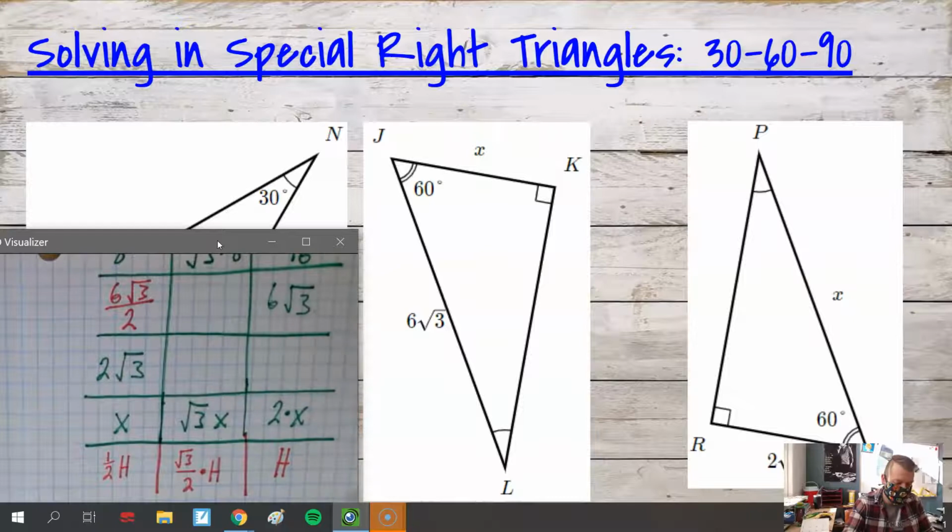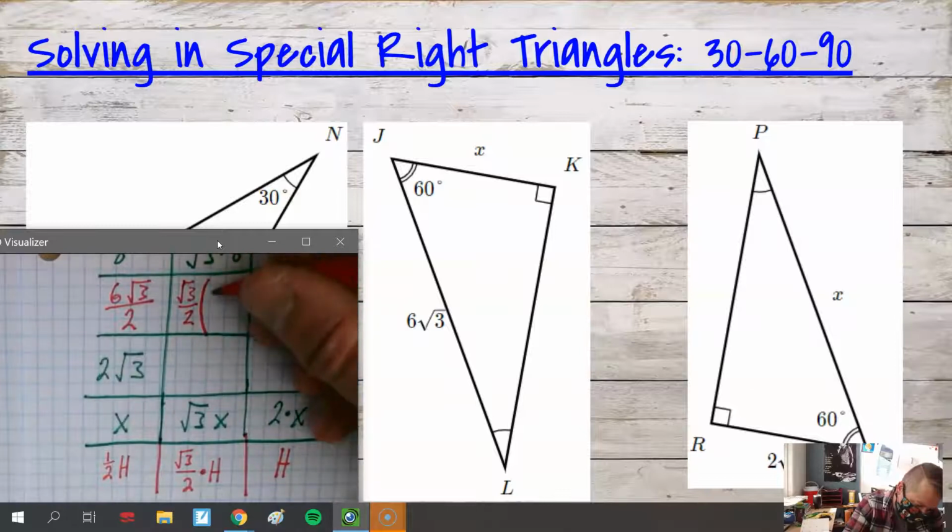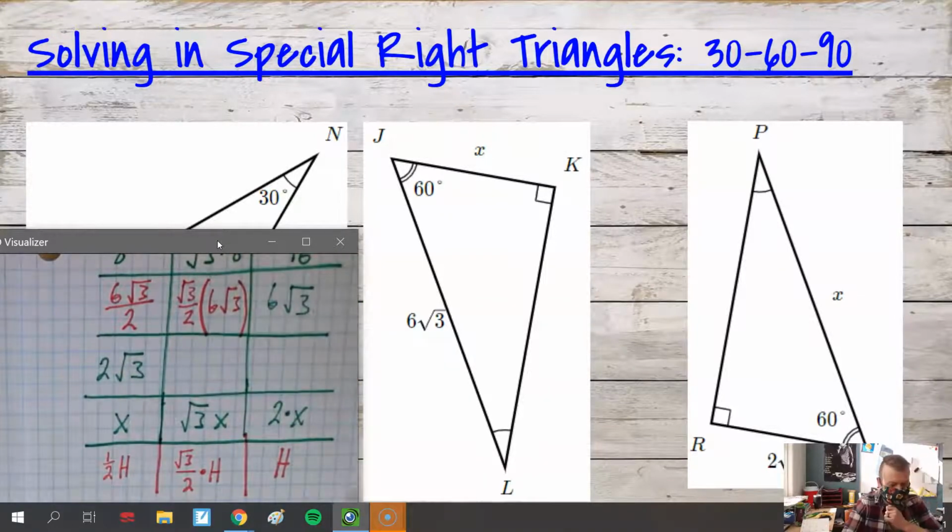But that leaves us with our long leg is going to be radical 3 over 2 times the hypotenuse. So this is going to become radical 3 over 2 times the hypotenuse value of 6 radical 3.